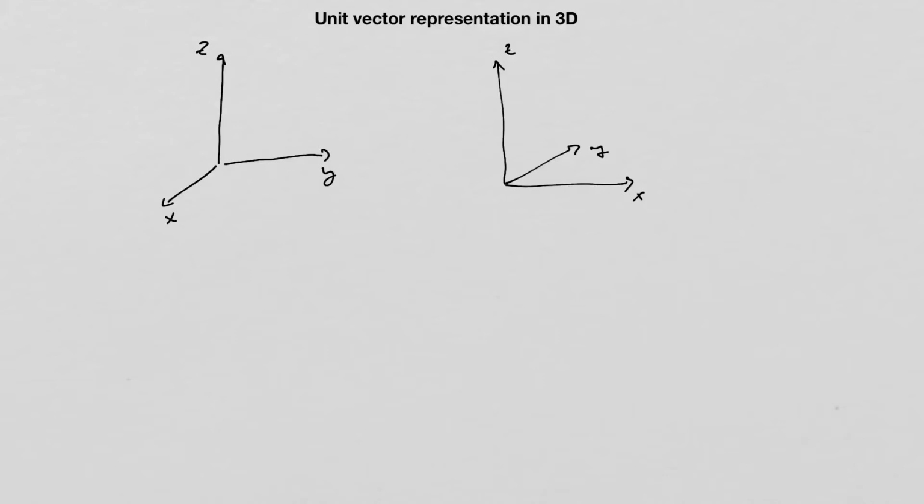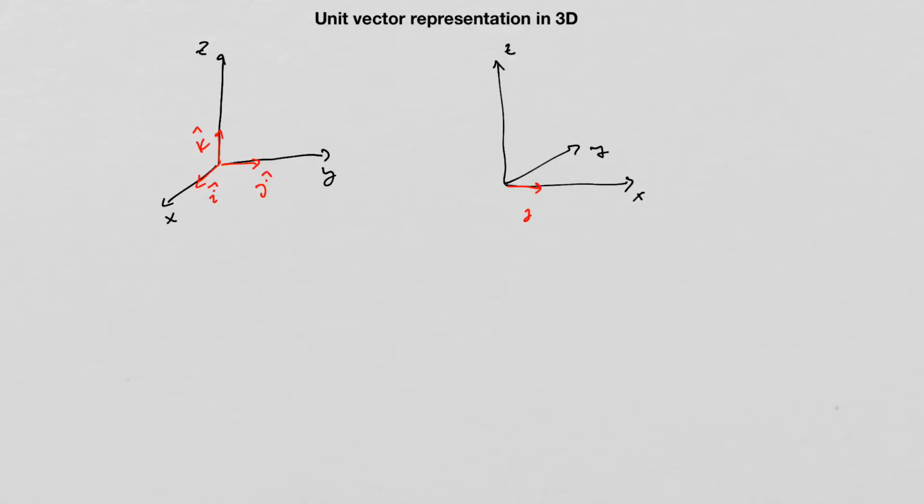This is a right-handed coordinate system, meaning that if you take your right hand and you place your thumb along the x-axis, your index finger along the y-axis, then your middle finger should point along the z-axis. In that coordinate system, the unit vectors are as follows: i hat along the x-axis, j hat along the y-axis, and k hat along the z-axis.